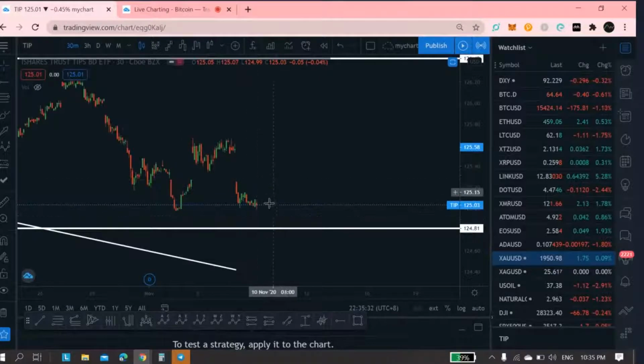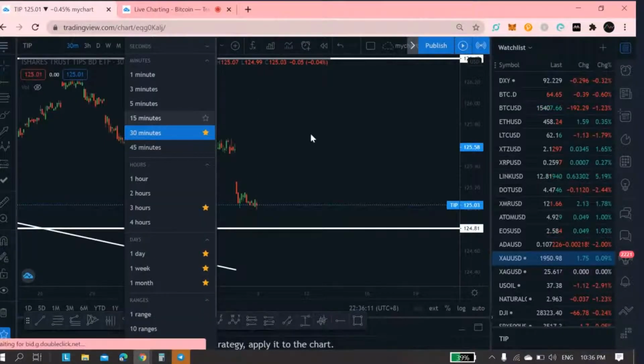So possibly it might bounce, but if you're scalping, enter the trade after a bullish candle here, because I think this is already a possible strong support base. So wait for the next candle to form.